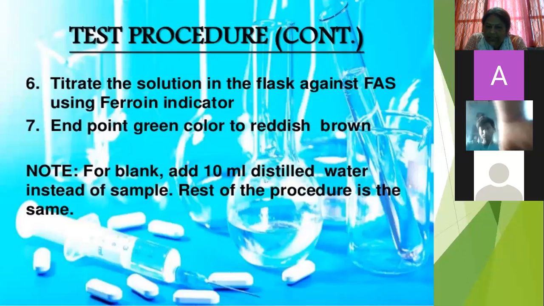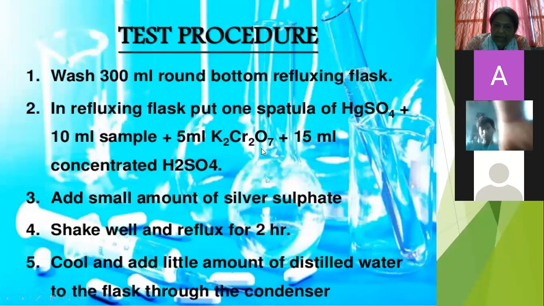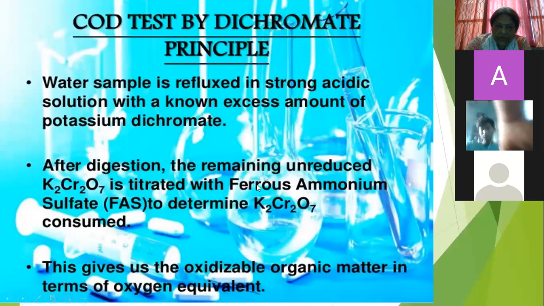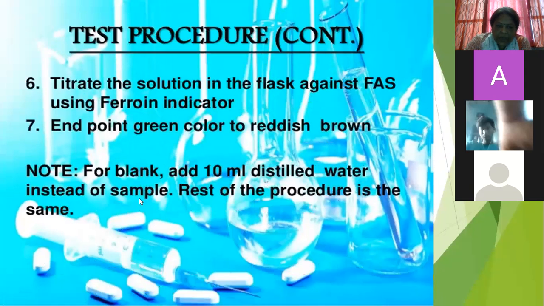Add all the reagents, like dichromate, sulfuric acid, mercurous sulfate, and silver sulfate. Shake well, reflux for 2 hours, cool down, then titrate against ferrous ammonium sulfate solution. This is called the blank titration.